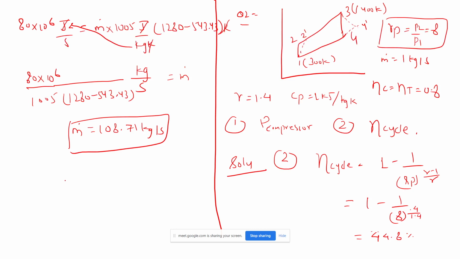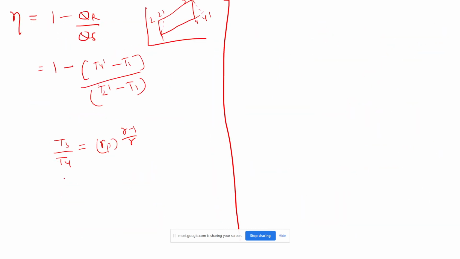T3 is given as 1400. So 1400 upon T4 is equal to 8 to the power 0.4 upon 1.4. So what was the value of T4 you were getting? 772.86 Kelvin. Okay.